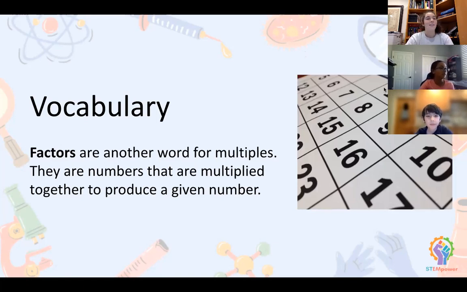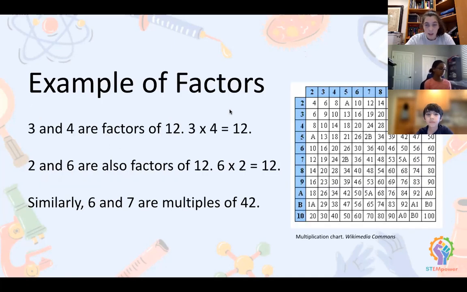So as I said, factors are numbers that can be multiplied together to get the number that you were trying to get. And so here is a very big chart of a whole bunch of numbers and all of their factors.